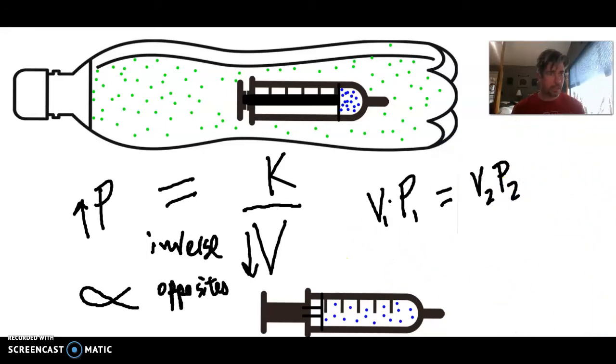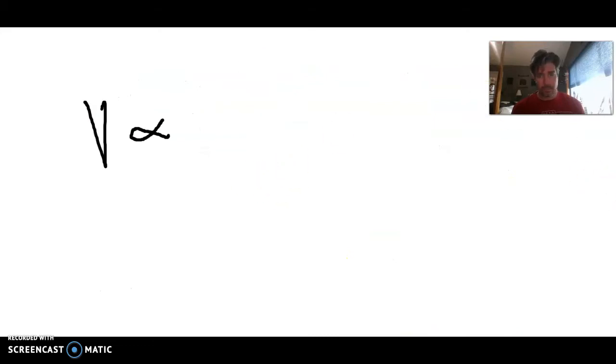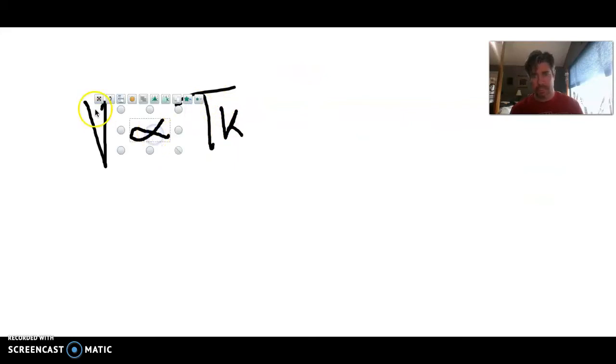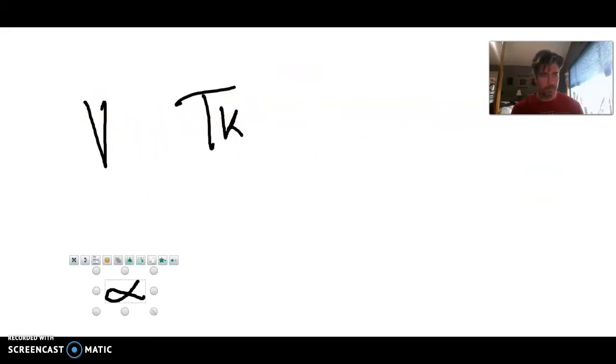So with a direct relationship, we have proportionality as this goes up, the temperature goes up, or vice versa. And so if we can take this and multiply it by some constant, then we can change this proportionality into an equal sign, right?